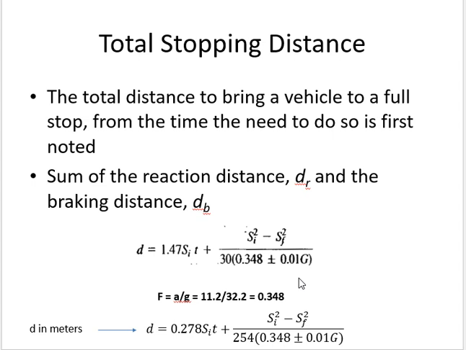You look at something, then you decide what to do, and then you apply the brake, and then the car will stop. So it starts with perception reaction, and then the braking will happen. So the total stopping distance can be calculated using this equation. This part is for braking, you already used it, and this part is for perception reaction.